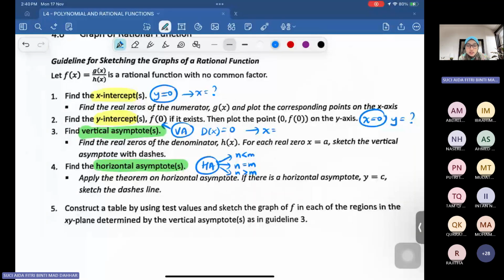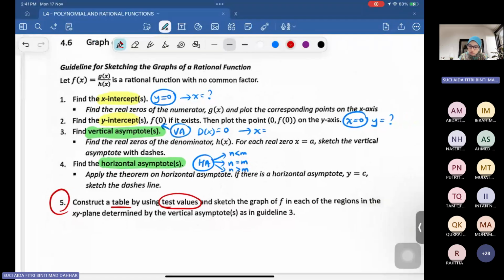Once you got your asymptotes, both vertical and horizontal, then lastly we will construct a table using test values. This is important because the test values will tell us whether our graph should be lying above the x-axis or below the x-axis. So there will be 5 steps.